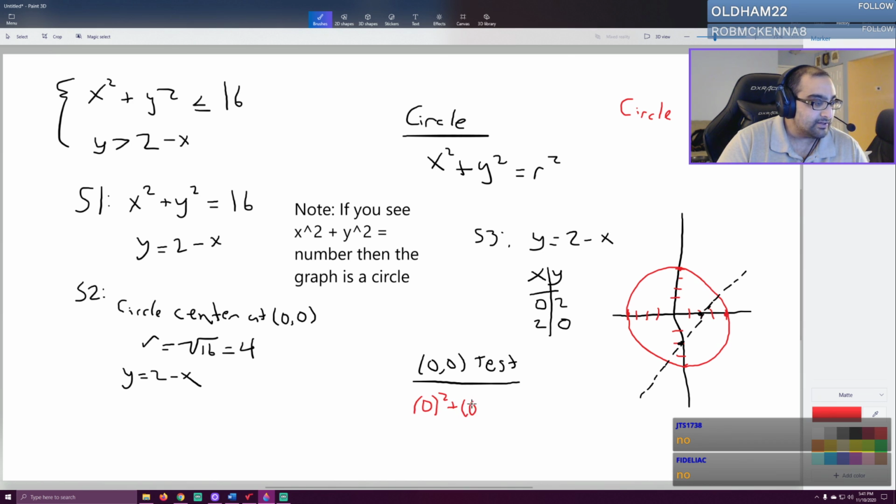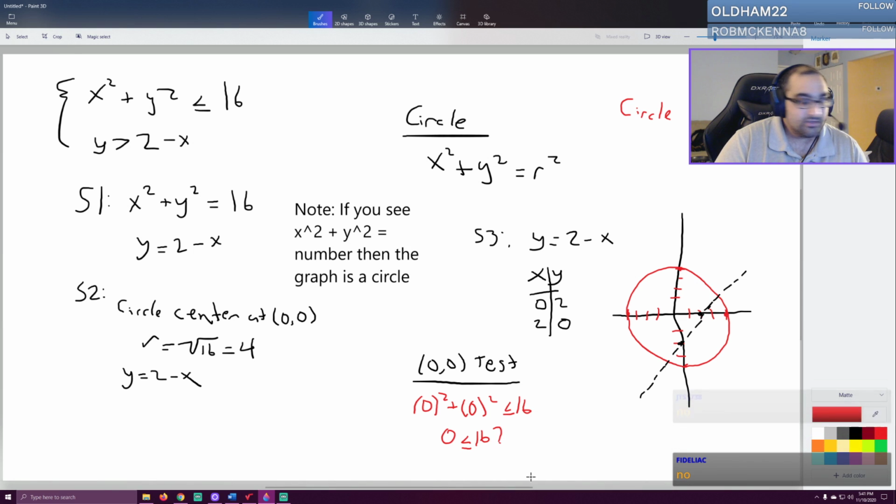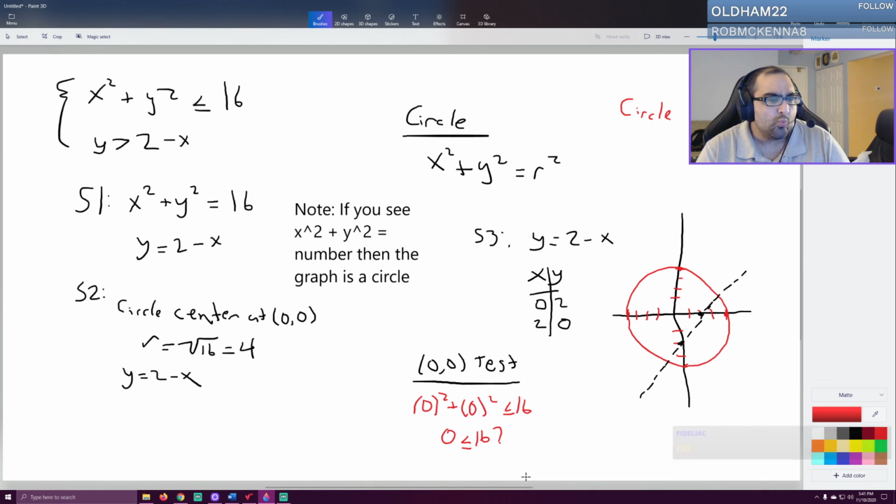So 0 is the easiest number in the world to work with. So true or false, is 0 less than or equal to 16? 0 less than or equal to 16, true or false?